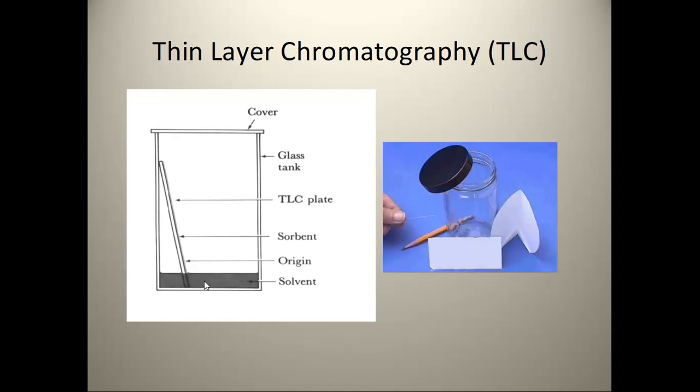So you have the solvent here, and then you have this spot on the plate, and then you allow the solvent to rise through the plate. Okay, so and then you stop, and then you measure the RF values.